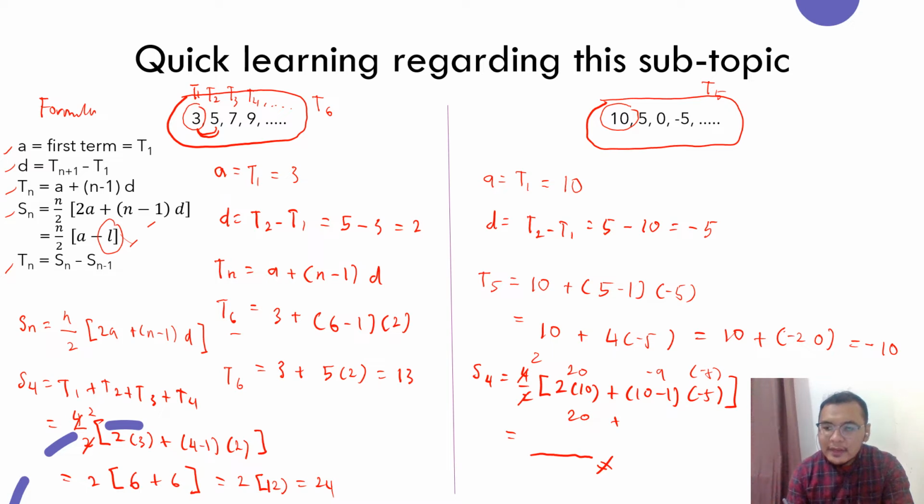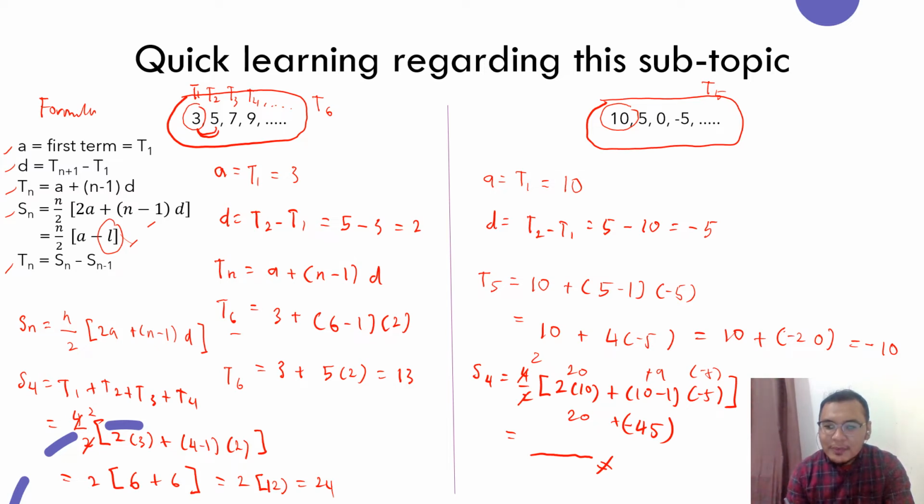We get how many? 45, right? 20 plus 45, sorry, negative 45. This is positive, sorry.